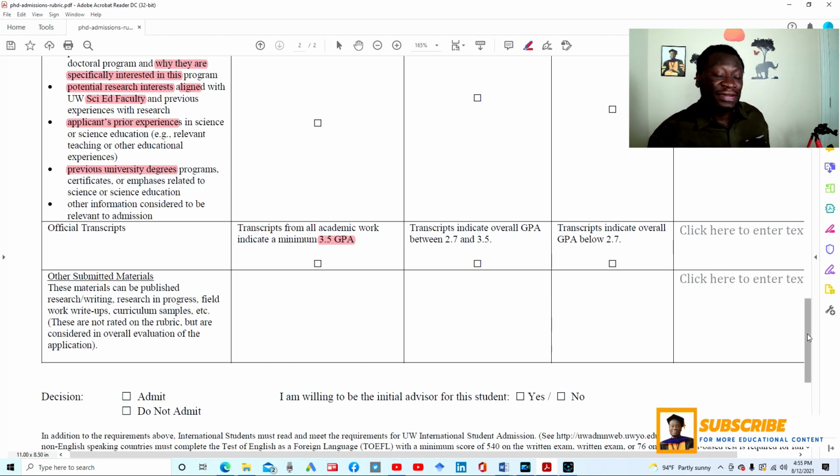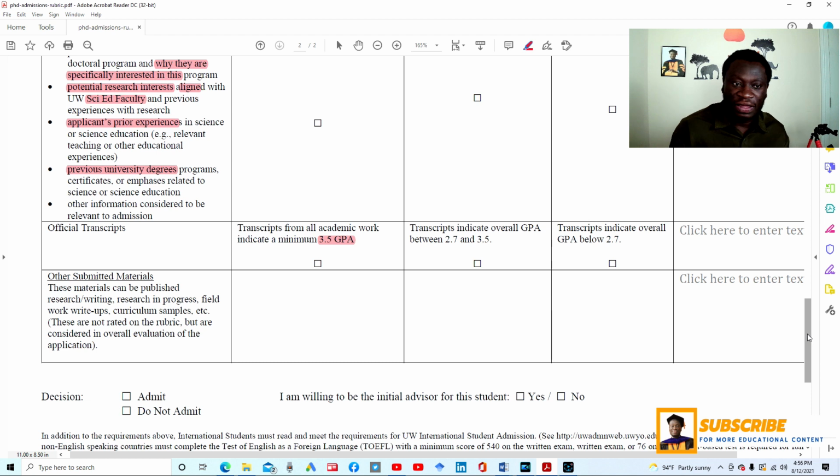So this is why I said it is possible to have a low GPA and still get admitted, because they use rubrics like this for the most part to judge the qualities of students. Not all departments will do this. There will be some that will just blatantly screen out people with low GPA.